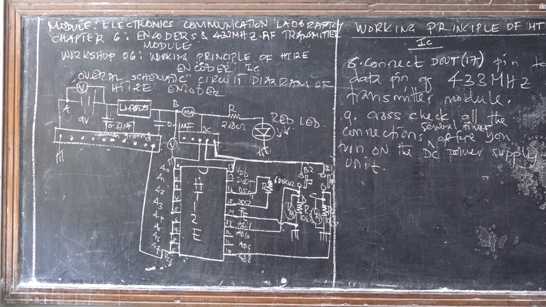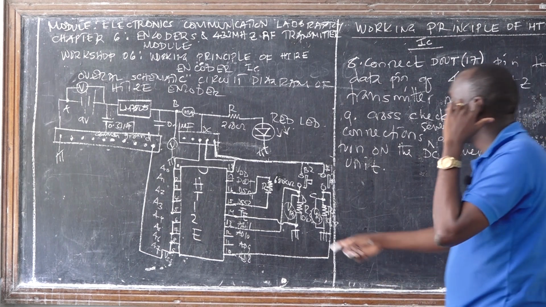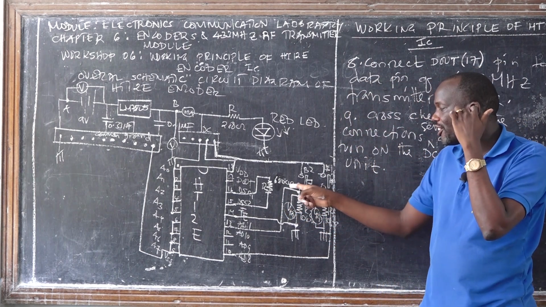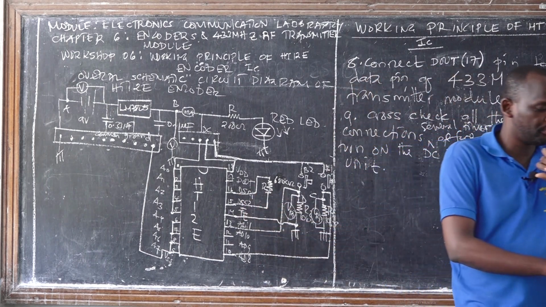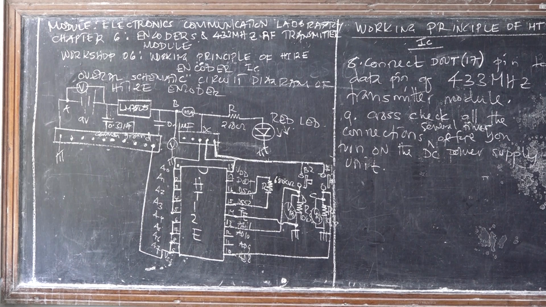I have answered that question, but maybe the answer I provided you didn't catch. Let me repeat. Precious asked: why should we connect a resistor of resistance 680 kilo ohm between oscillator pin 1 and oscillator pin 2? The response: the HT12E encoder has a built-in oscillator.